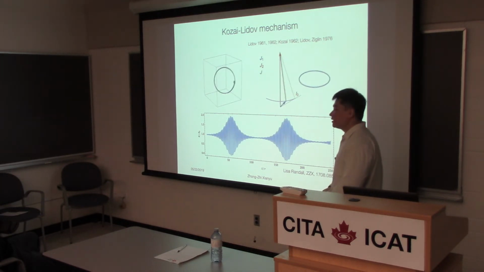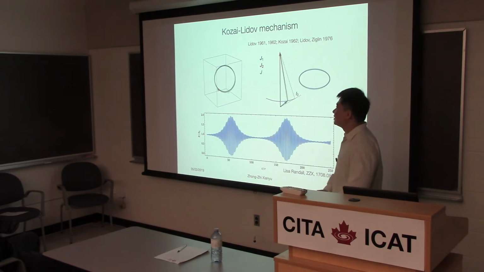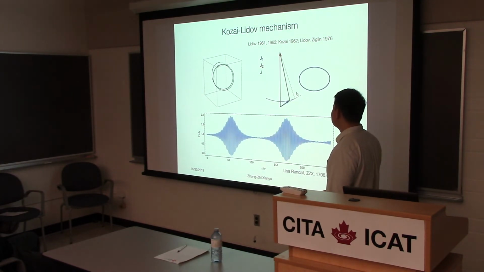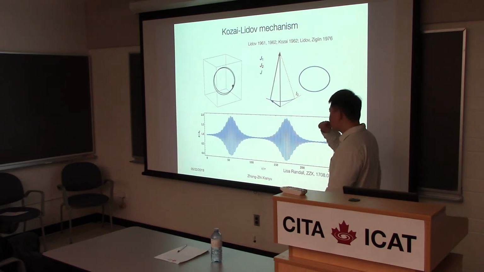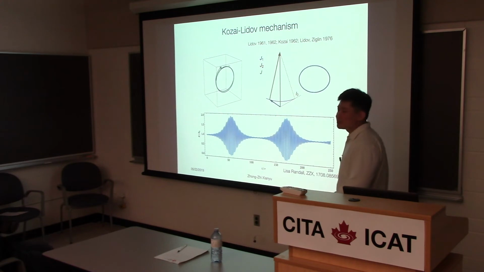But I should say that until now, several tens of years have passed, but we have never seen a real system where Kozai-Lidov is directly manifested, directly seen in time. So I will show you that gravitational waves have the potential to see these Kozai-Lidov oscillations directly.